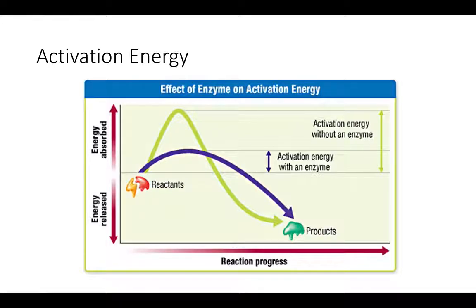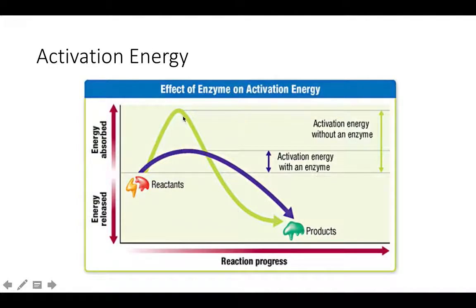So here is a chart that shows you how much energy is needed with and without enzymes. So here are some reactants, and we want them to turn into this product. And what you see here in the lime green shows you how much energy you need to get the reaction started if there are no enzymes. So this huge hump is the energy you need just to start the reaction.